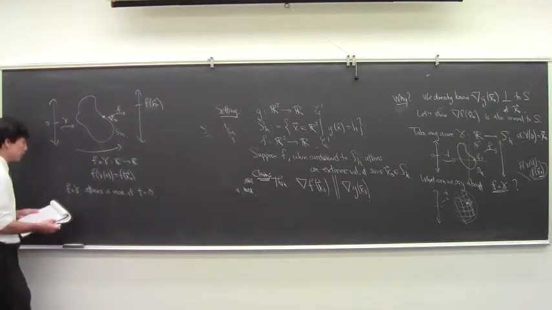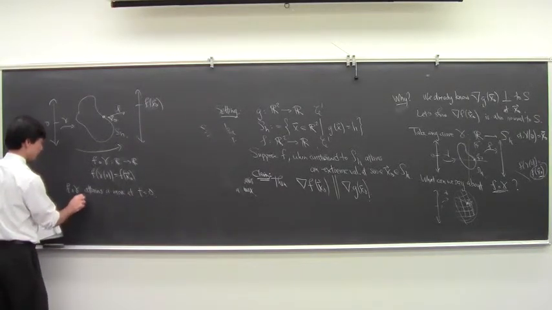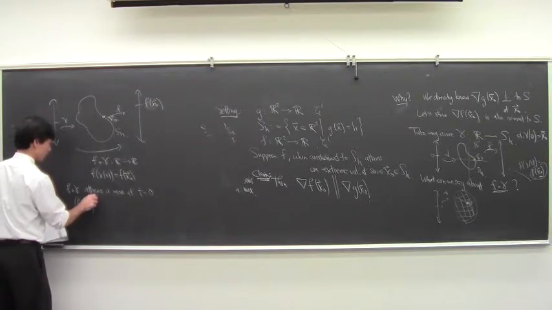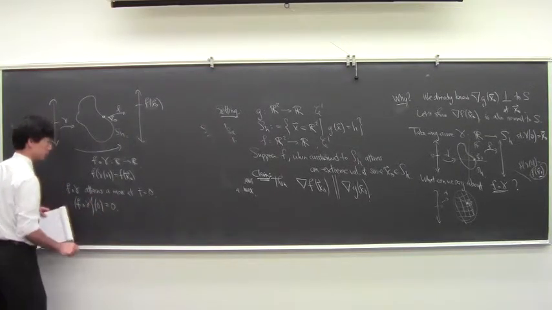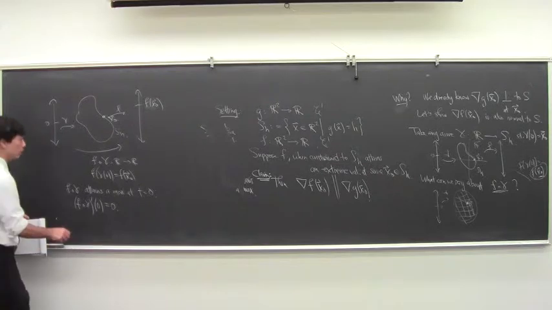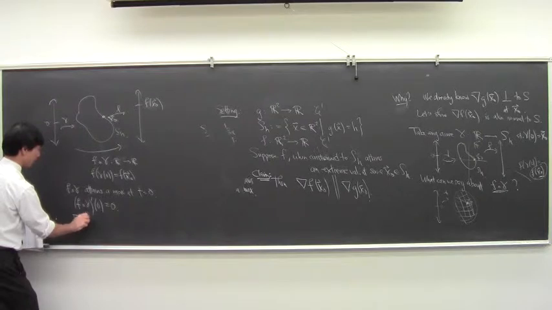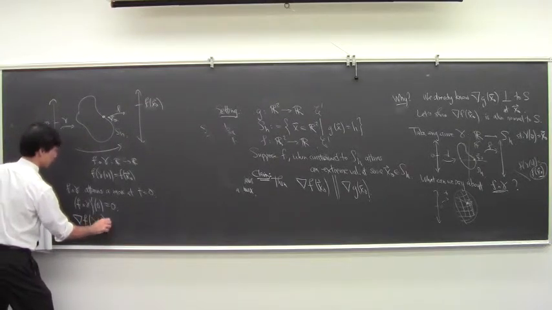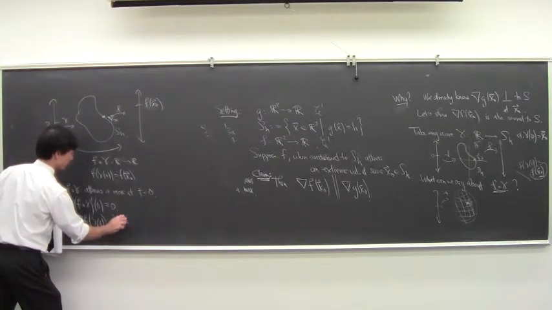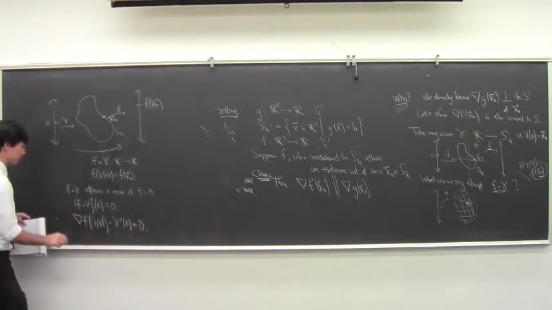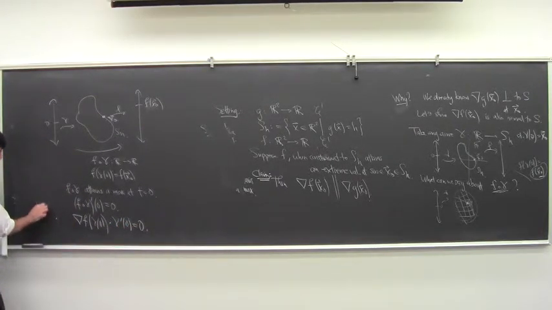And that tells us that its derivative at time 0 is 0. But using the chain rule, this is the gradient of f at gamma dotted against gamma prime, which is 0. So by the chain rule, the gradient there dotted against gamma prime is 0.